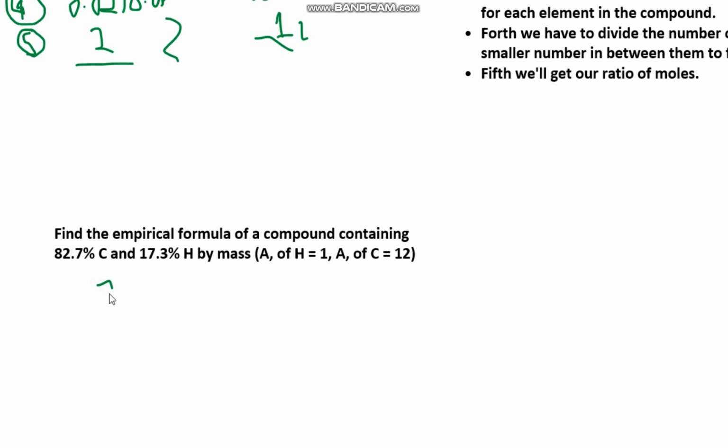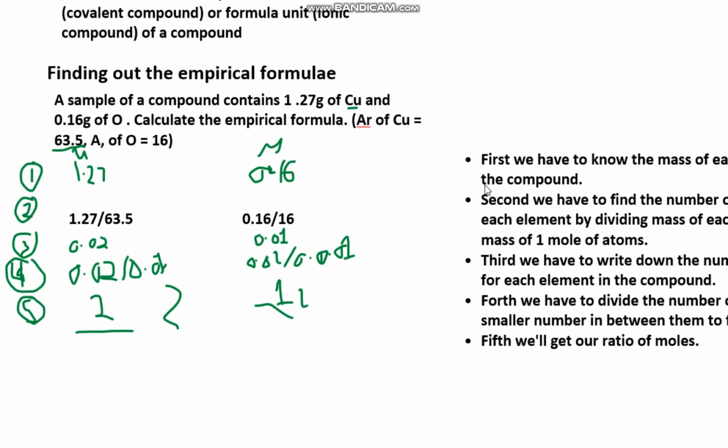So 82.7% has to be divided. Alright, so this 82.7% is divided by 12, and 17.3% is divided by 1. So we have followed the second step here.